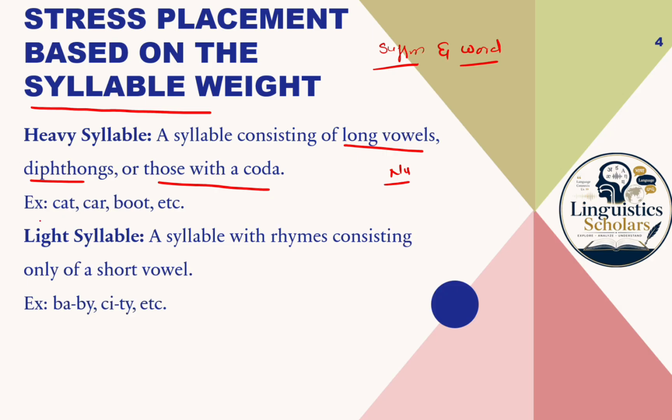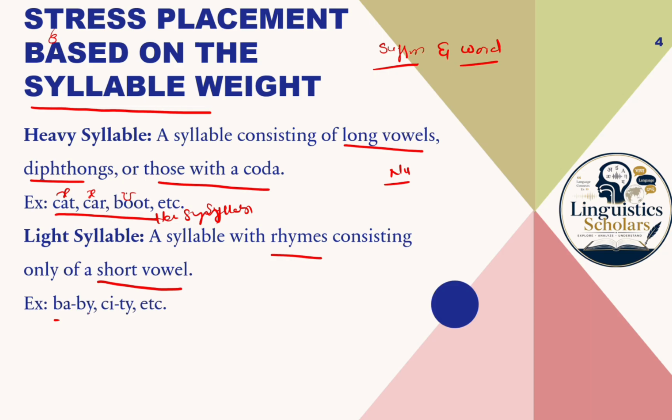As you can see in the examples, cat, a heavy syllable, car, heavy syllable, boot, heavy syllable, etc. So these are the syllables with long vowels or codas. Okay, as a result, these are heavy syllables. And light syllables are rhymes consisting of only short vowels, as you can see here in baby.